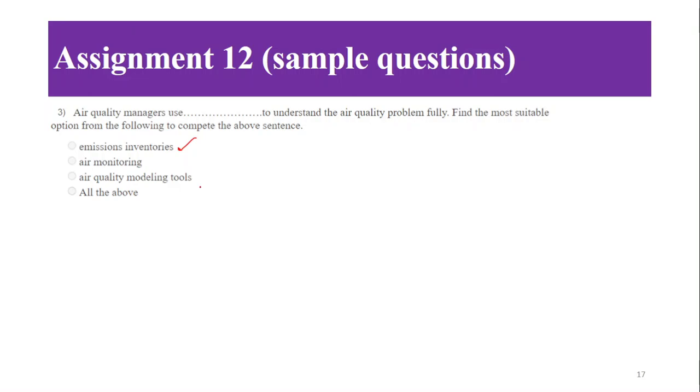So this is a database for all the pollutants which are discharged. The air monitoring as well. So you need to measure the real time concentration of the air pollutants which are discharged. Then the air quality modeling tools also need to be there. So all of the above are correct here.